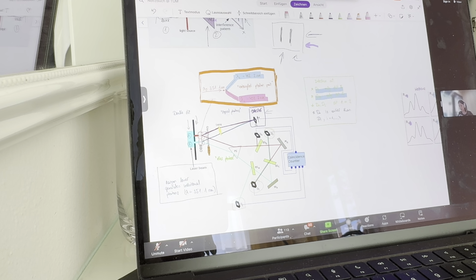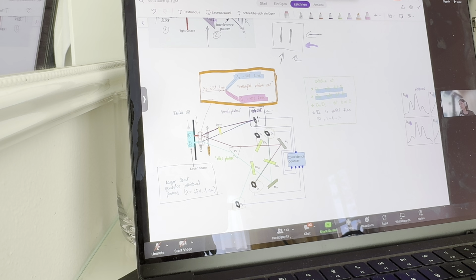The point is just that in quantum, we have this dual picture of a quantum particle showing both particle behavior as well as wave behavior.